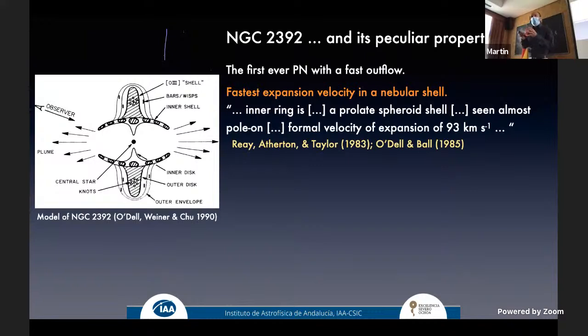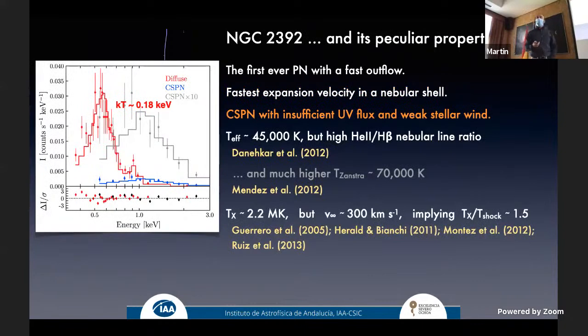The inner shell is expanding at 90 kilometers per second, which is very unusual for the inner shell of a planetary nebula. You find these velocities in bipolar PN, but never in a shell of a PN. And in addition, the central star is too wimpy.